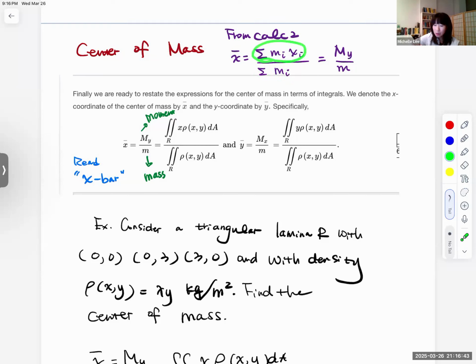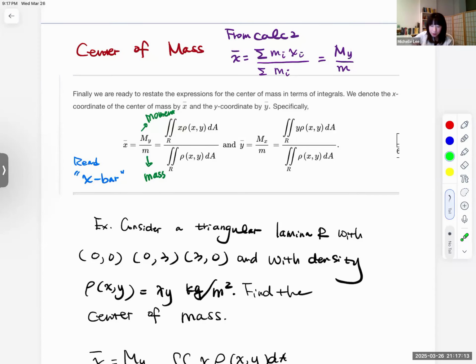This one we indicate m sub y. That's the moment about the y, but the formula says the product of the mass and x.